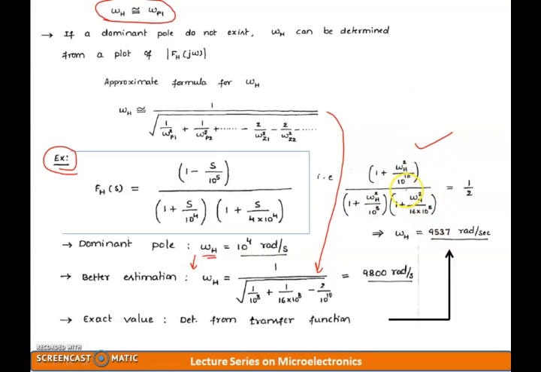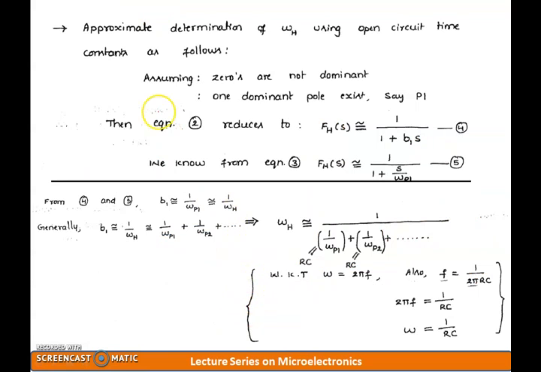That's what we have done in the previous lecture, where we took up this example and obtained the omega h value using the transfer function method. Approximate determination of omega h using open circuit time constant can be taken up using this particular procedure.